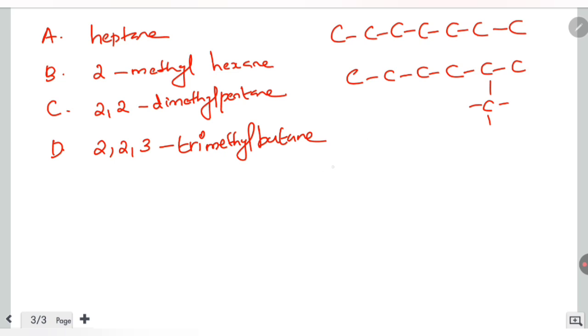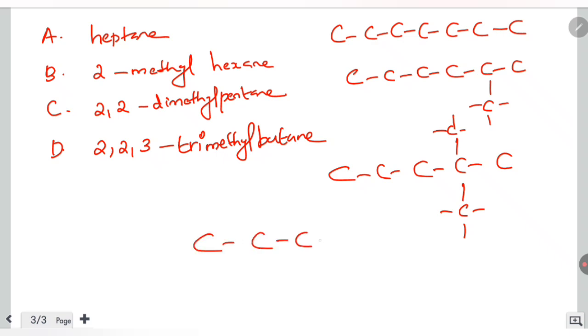Then compound C is pentane, 1, 2, 3, 4, 5. 2,2-dimethyl means we have 2 methyl groups here. Then for compound D, it's butane, 1, 2, 3, 4. Then 2, 2 and 3 also got a methyl branch.